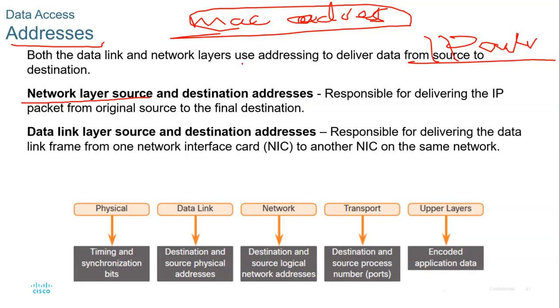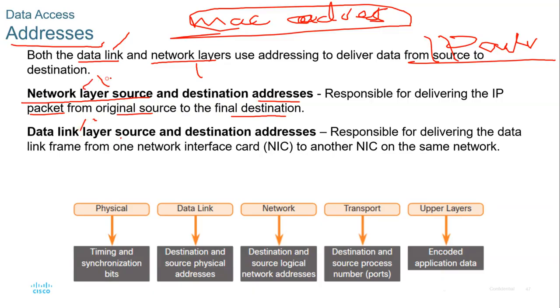Both the data link layer and network layer use addressing to deliver data from source to destination. At the data link layer, those are the MAC addresses.